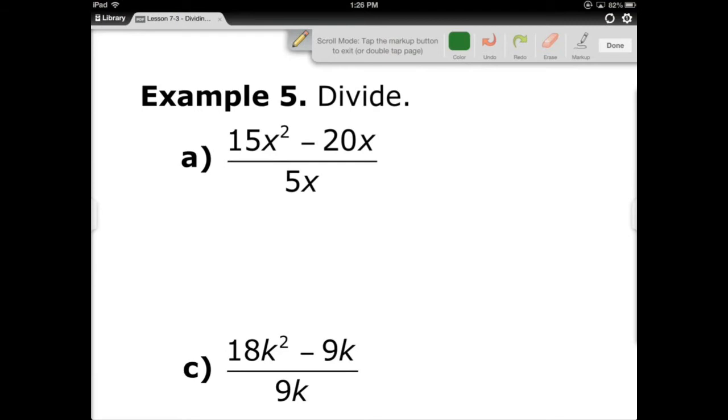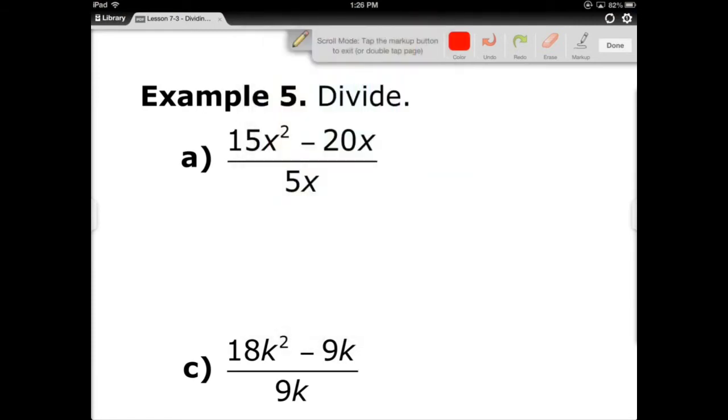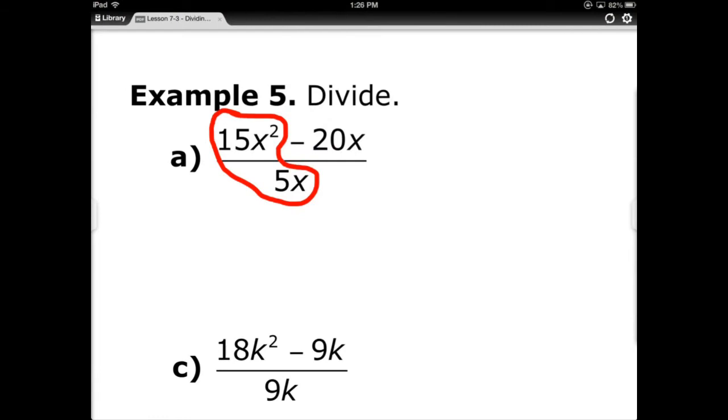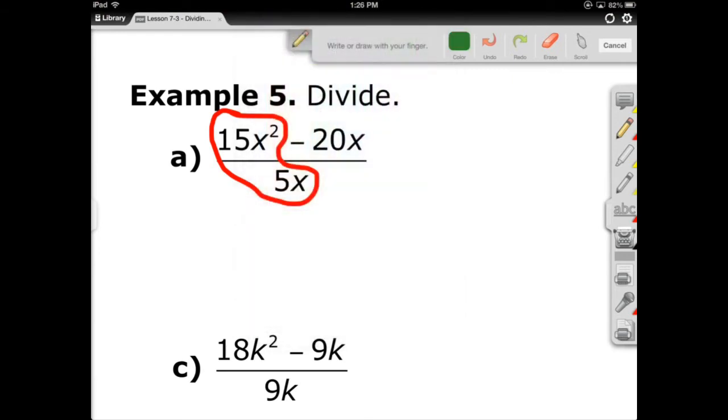First thing you have to realize is that everything on the top is being divided by the bottom. So the 15x squared is being divided by 5x. So let's go for our colors here. So I'm going to show this very carefully. That division is happening, and at the same time, let's choose a totally different color. Let's choose some Christmas colors here.